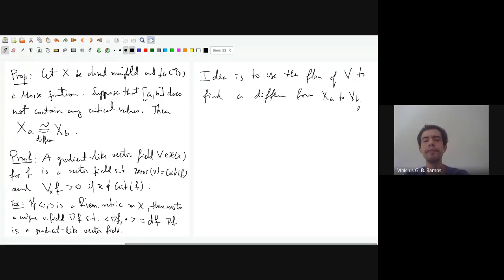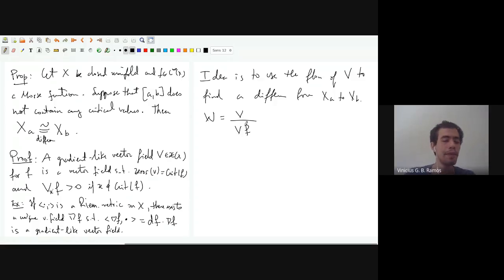But the derivative of F in the direction of V is positive, but it could vary widely from point to point. So what we actually want to do is define a vector field that's V divided by VF. Okay? So this is a normalized vector field, a normalized gradient-like vector field.